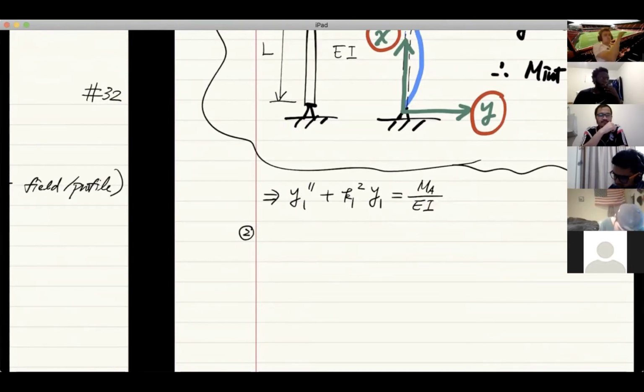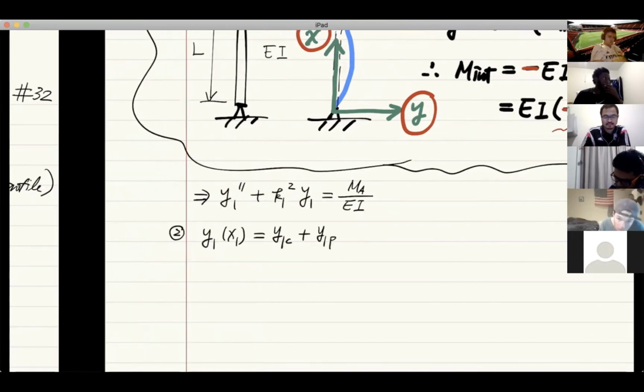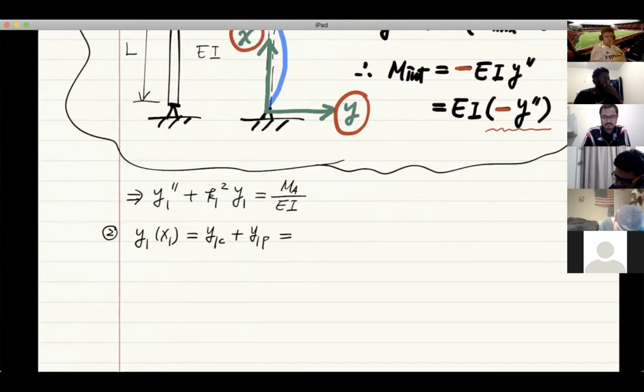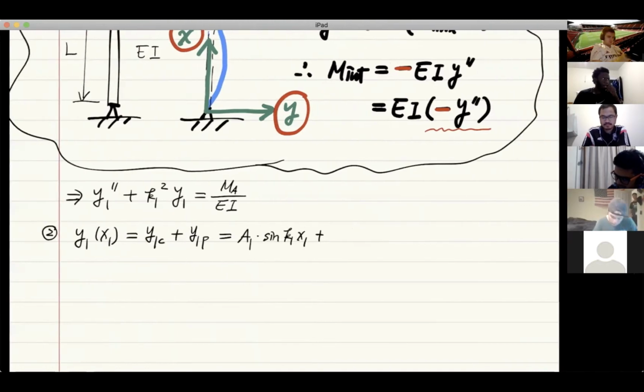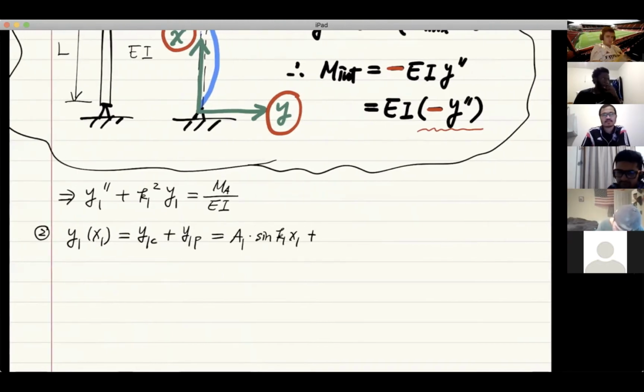From differential equations, we know that the complete solution, y1 of x1, has 2 components, yc plus yp. So this is going to be y1c plus y1p. I will just give you the final expression: a times the sine of k1 x1 plus b times the cosine of k1 x1. We don't have to put a subscript for a and b; I'll just use a, b, c, d.